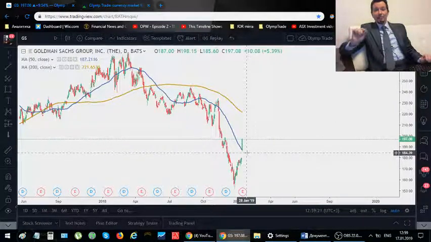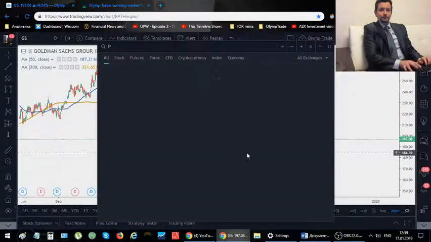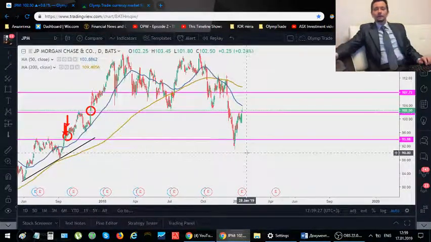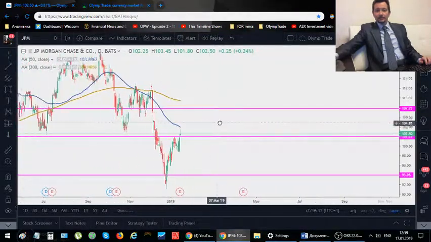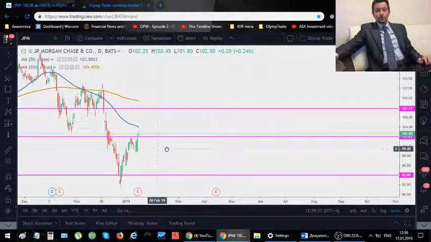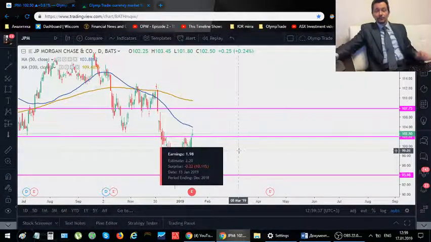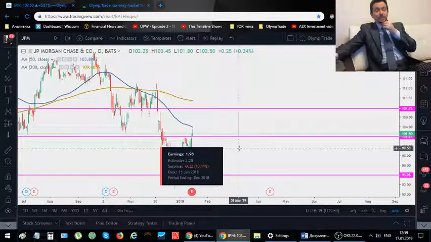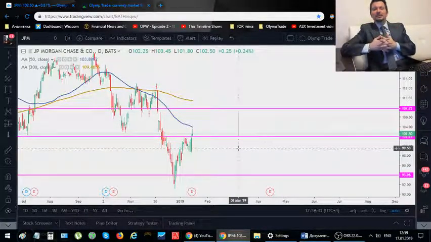Now, a bank that missed earnings is JP Morgan. They missed sales, but still, if we look at the daily graph, they missed it by 22 cents, or by 10%, and the withdrawal that they had was insignificant.